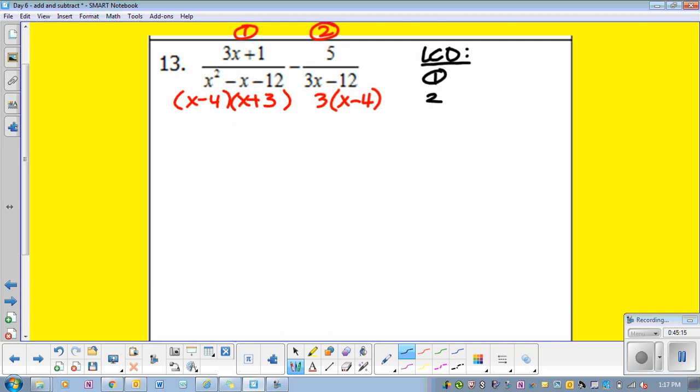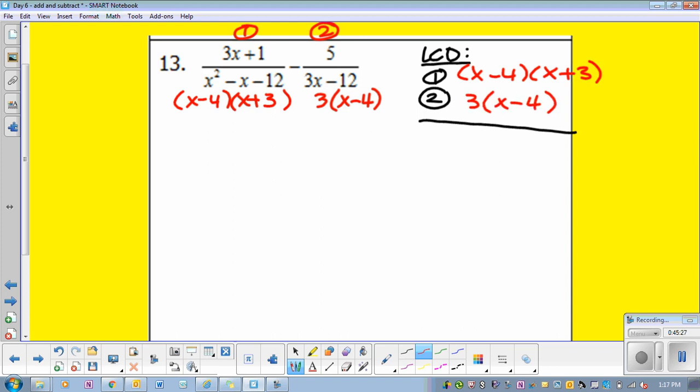Fraction 1 you have x minus 4 times x plus 3, and that's fraction 2. What do they have in common? 4. What else needs to come down? Everything else, the 3 and the x plus 3. Good. So that is my LCD.